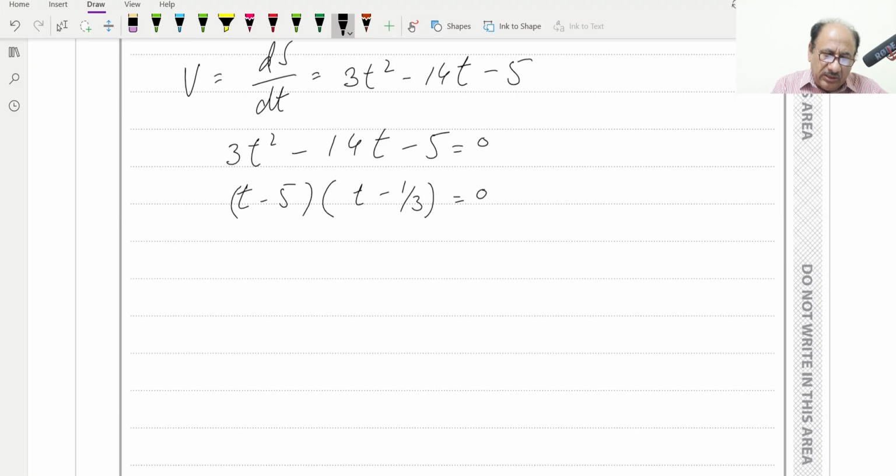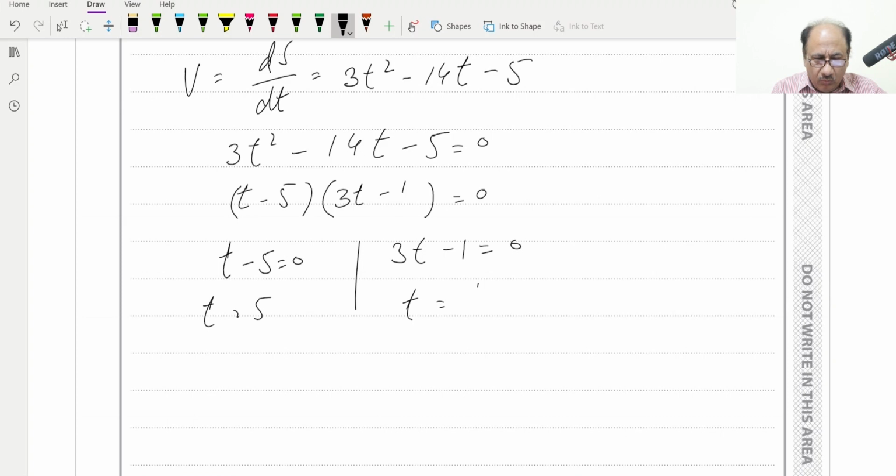So t minus 5 equal to 0, or 3t plus 1 equal to 0, and this will be t is equal to 5 and t is equal to minus 1 over 3. Basically this should be plus over here.